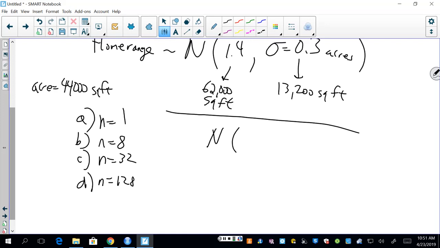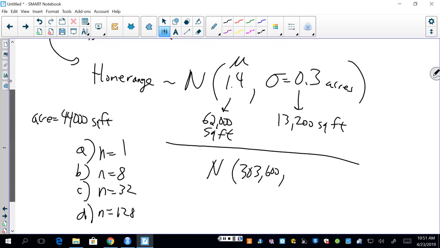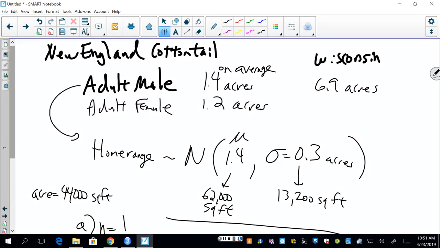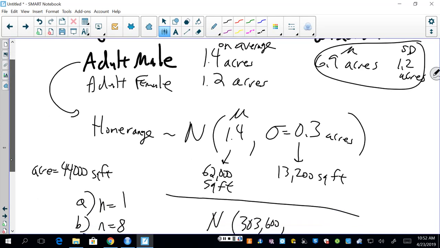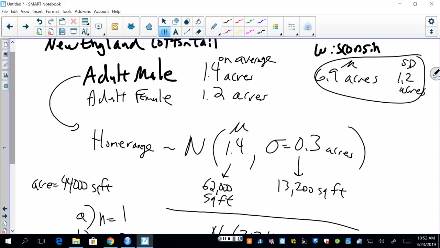6.9 acres ends up being 303,600 square feet. The standard deviation, sorry, I switched. If the standard deviation is 1.2 acres for the rabbits in Wisconsin, I think I had intended to do the ones in New England, but somehow my mental state was going through the flow of the morning.